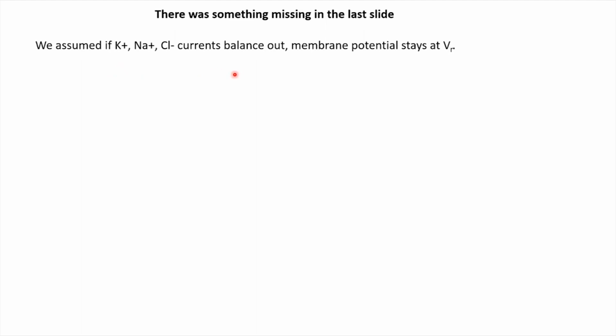But even when that happens, the individual currents are non-zero, which means that the potassium ions and sodium ions and chloride ions continue to move even though the membrane potential is not changing and is remaining at the value VR.